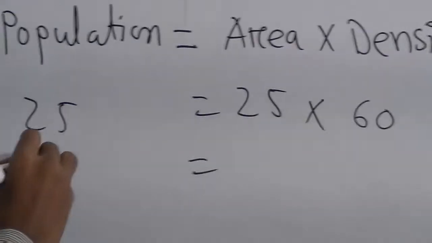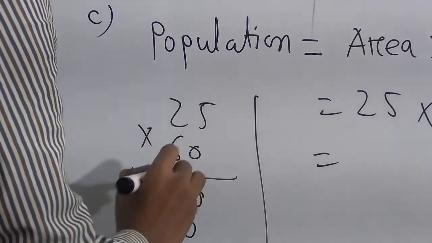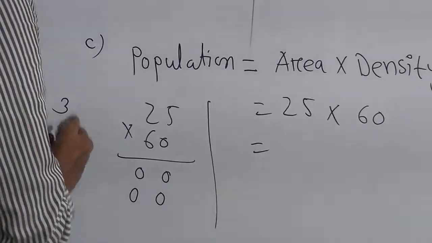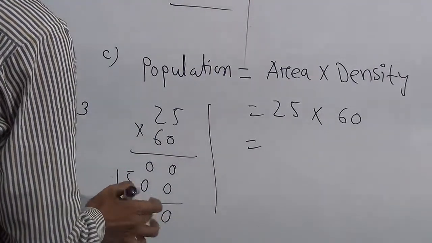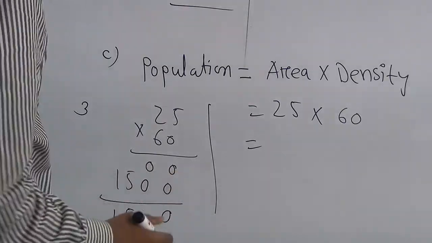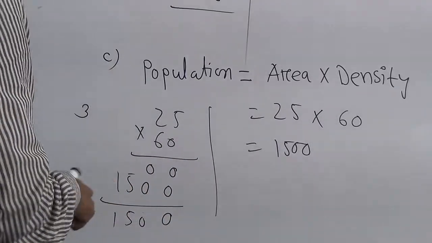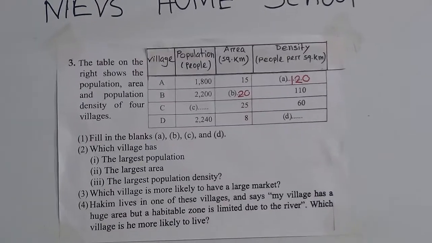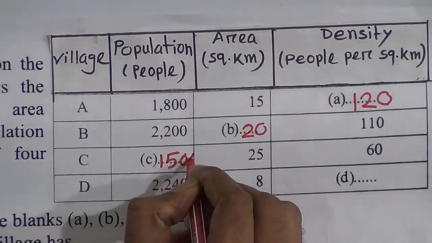Now multiply 25 into 60. 0, 0, 0. 5 sixes are 30, your hand is 3. 6 twos are 12 plus 3, that means 15. Now adding, we get 1500. So for village C, the population is 1500.